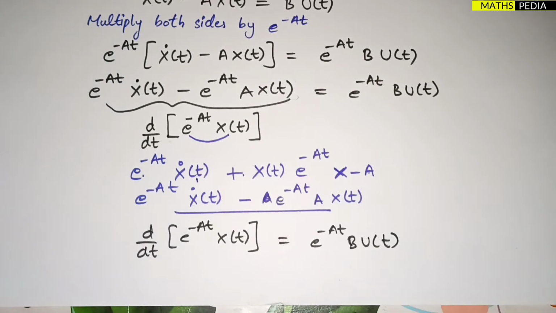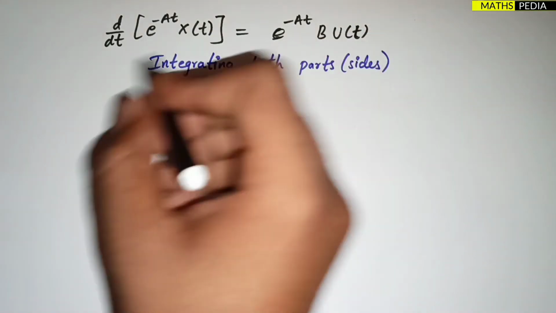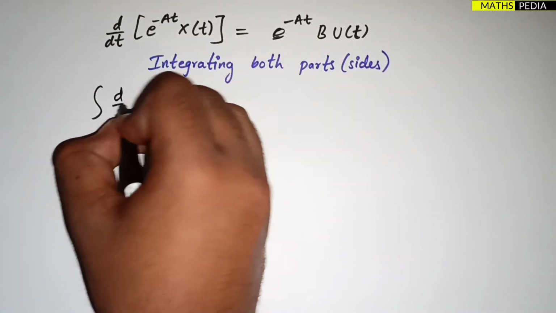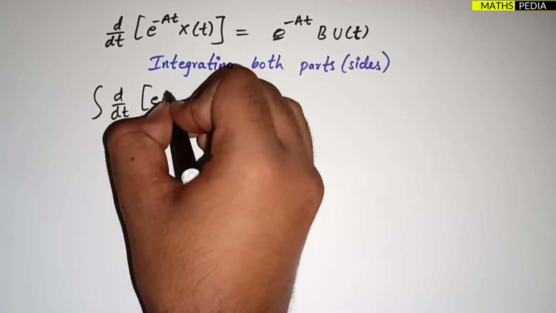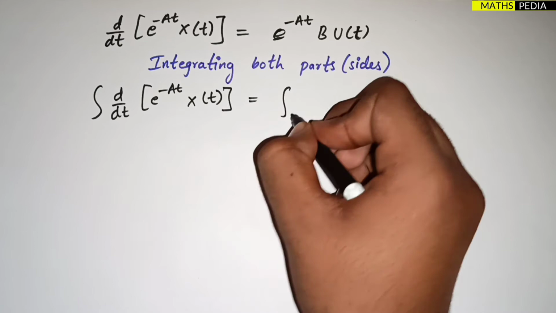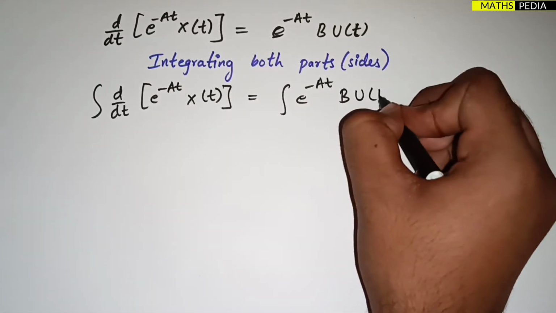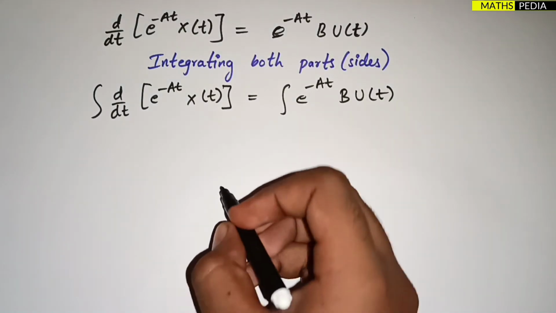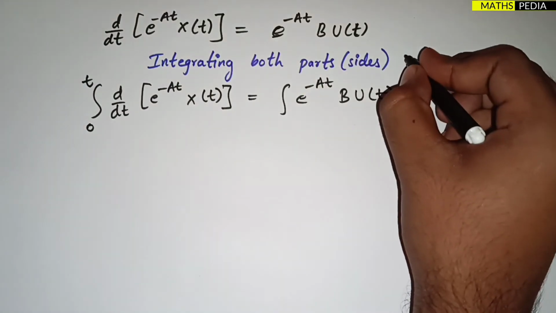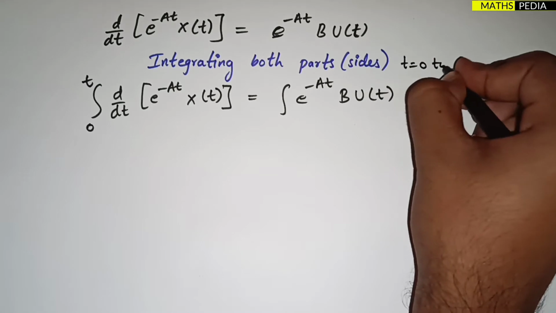Now the next step is that we are integrating both sides, that means LHS as well as RHS. So the integration of d by dt of e power minus At x of t equals the integral of e power minus At B u of t. Now here you have to give the limits 0 to t, so integrating both sides from t equals 0 to t.